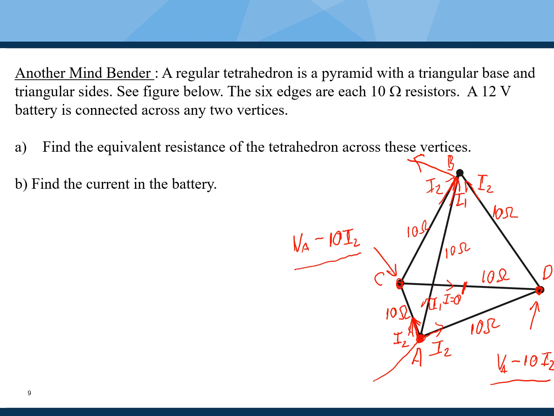And so we have a very simplified situation where we can draw the simple situation like this. So imagine that this is the point A, this is the point B. I have a 10 ohm resistor out here, and I have a current I1 going from A to B. I can draw the same current I1 out here.